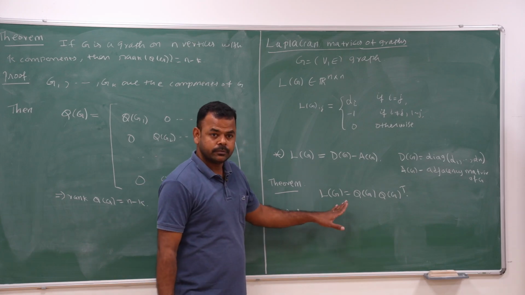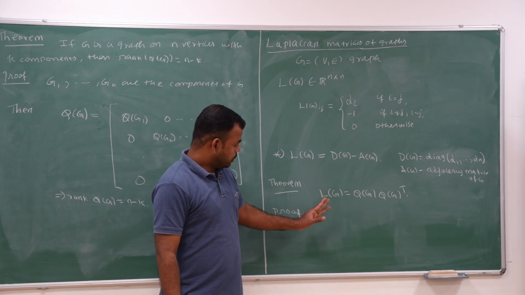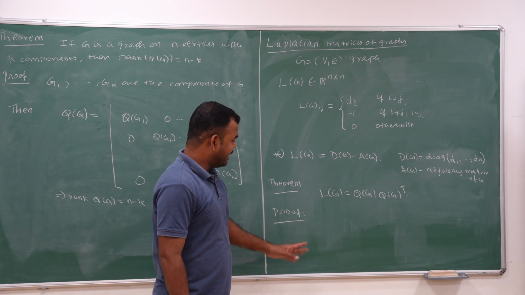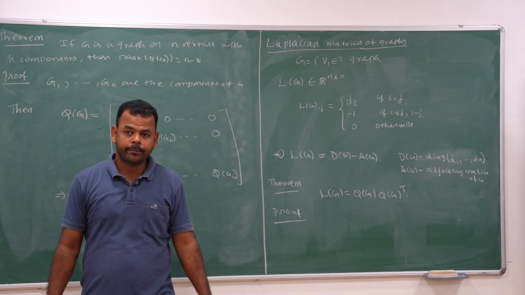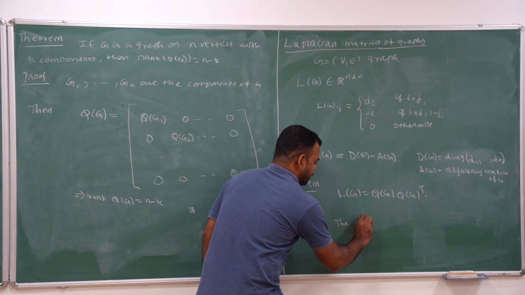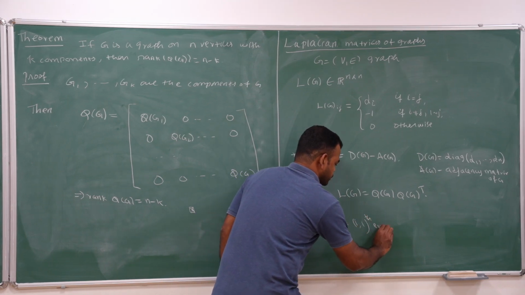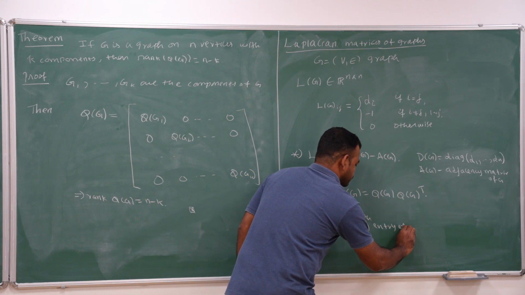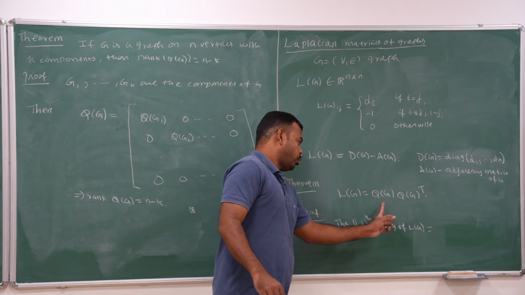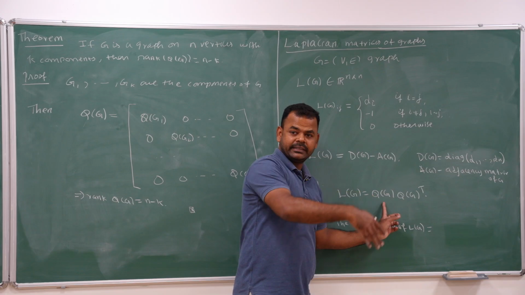So statement clear? Okay. Let us look at some entry. First we'll start with some diagonal entry. How do you get the ith entry? Take the ith row of Q of G and take the ith column.